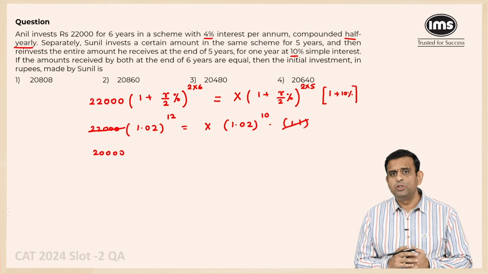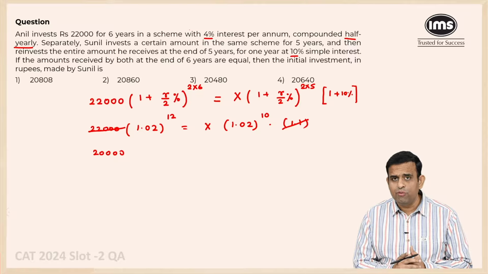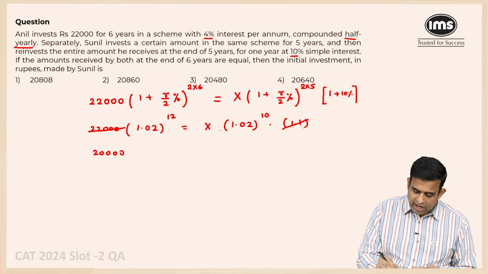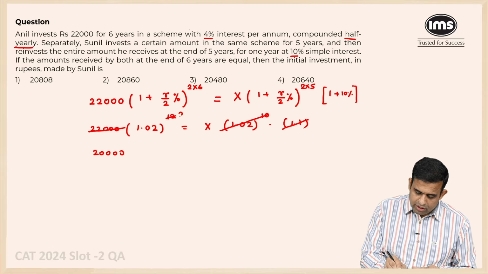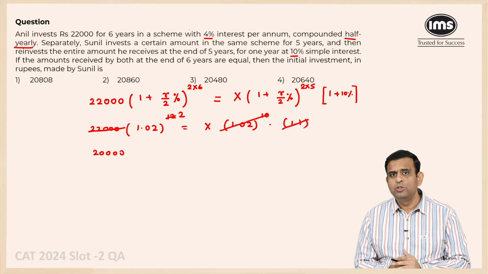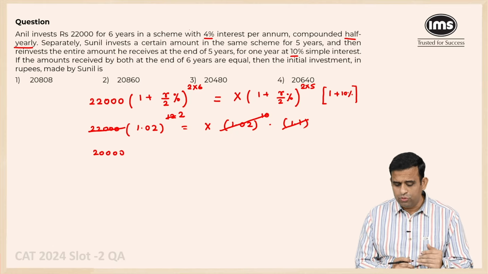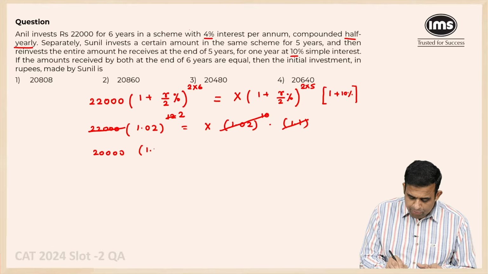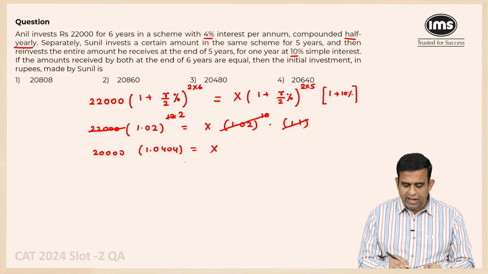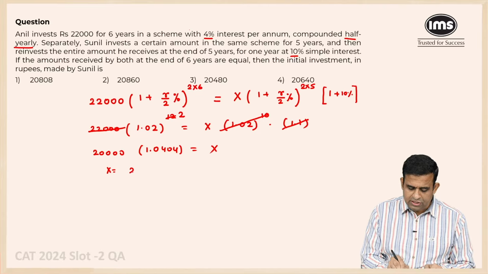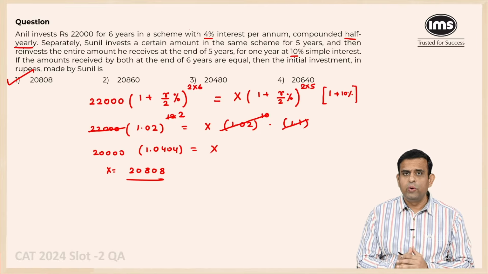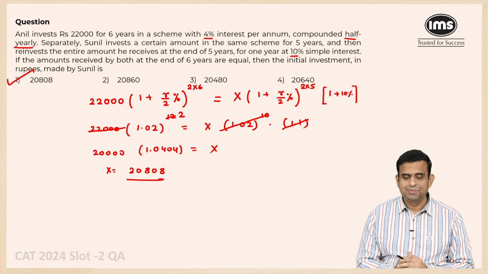Understand this 1.02 raised to 12 can scare many of you, but finally we can cancel these 10 powers and this will be nothing but 2. 1.02 square, 102 square happens to be 10404. This part will become 1.0404 is equal to x. So x will become equal to 20808. Hence option number 1 is the answer for this particular question.